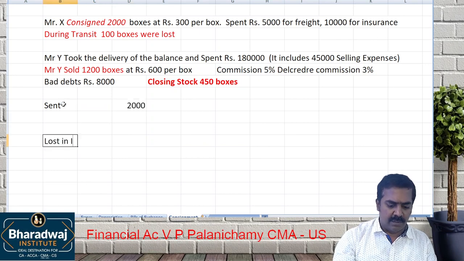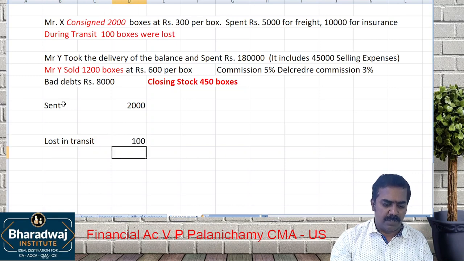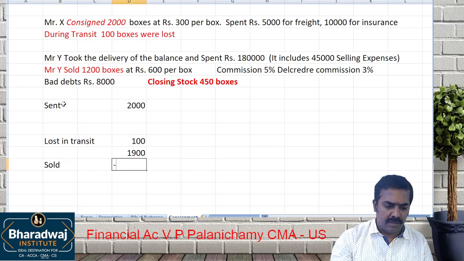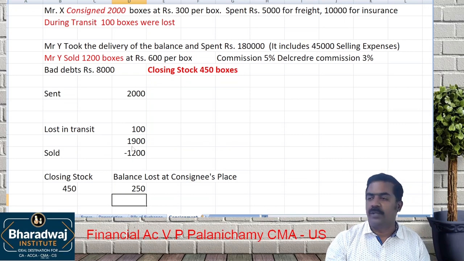Loss in transit is 100 boxes. Balance 1900. Sold 1200, so 700 should be there. But the closing stock given is only 450, so the balance shortage is lost in the godown, that is lost at the consignee's place. Lost at consignee's place is 250.